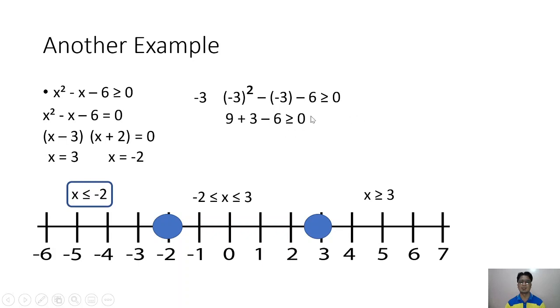If we will be solving this one, 6 greater than or equal to 0. Tanong ulit natin, yung 6 ba mas malaki o kaya equal sa 0? True. Lagyan natin ng check.